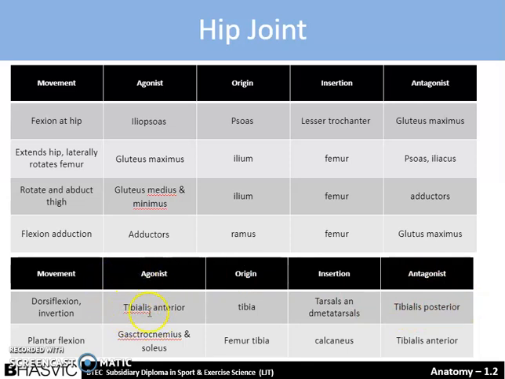At the calf muscle, the gastrocnemius and soleus are the agonist, with the movement being plantar flexion instead of dorsiflexion, because it's on the other side. The origin is the femur and tibia, the insertion is the calcaneus, with the antagonist being the tibialis anterior.